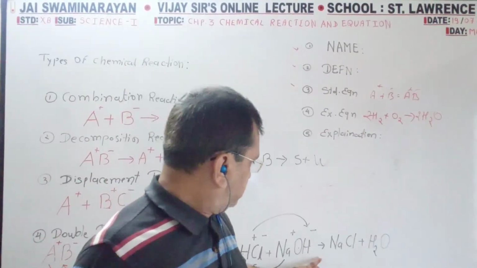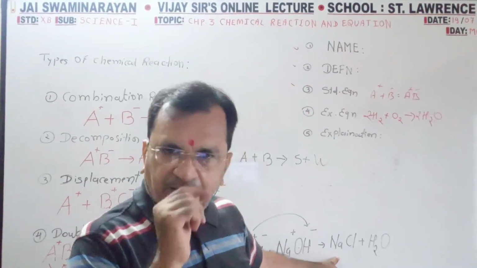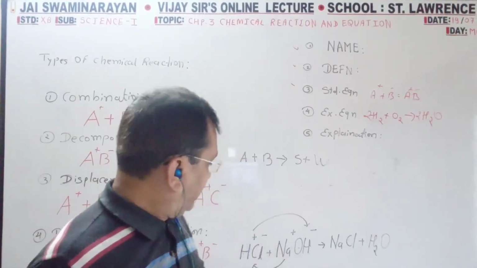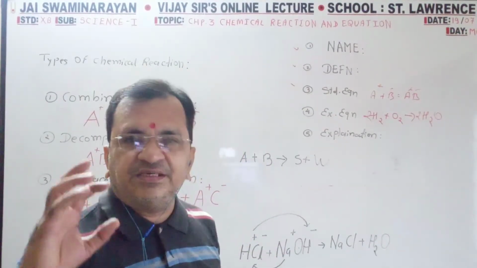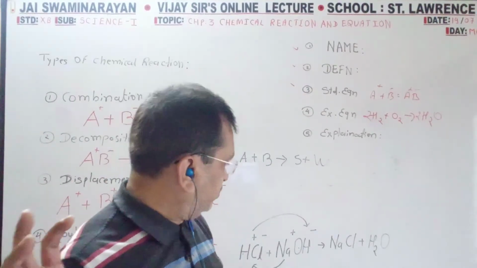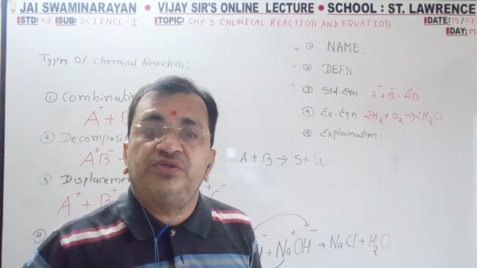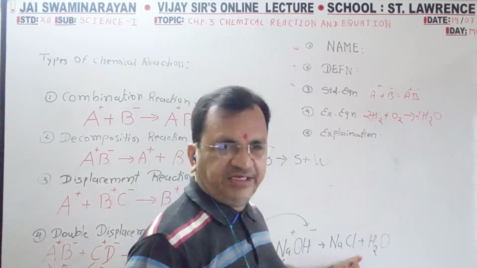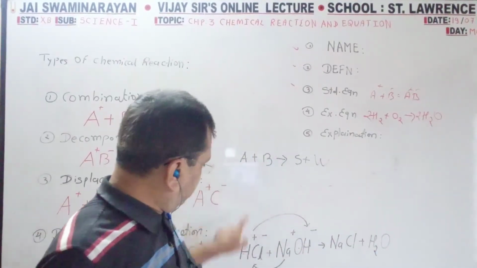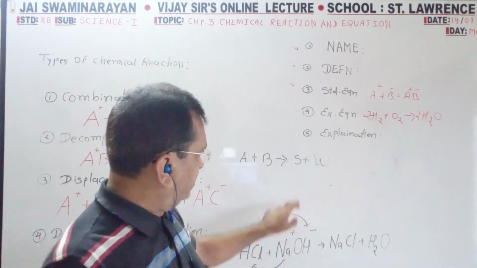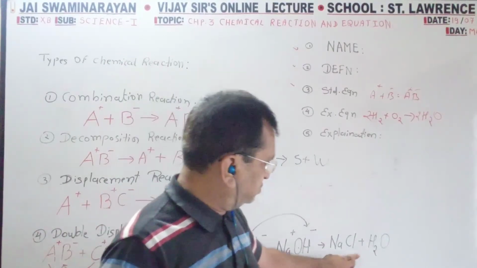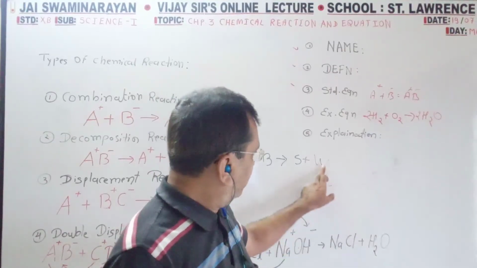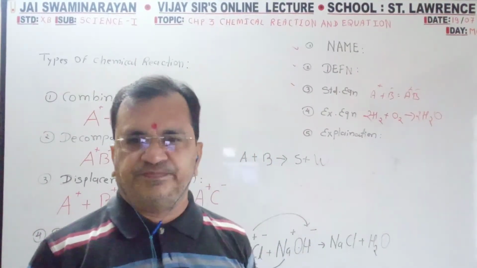Salt produced is NaCl, the salt which we eat regularly, common salt, and water, H2O. So acid, hydrochloric acid; base, sodium hydroxide; salt, NaCl, sodium chloride; and water, H2O.